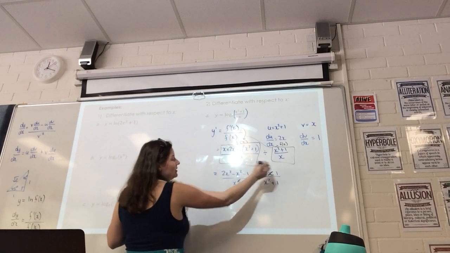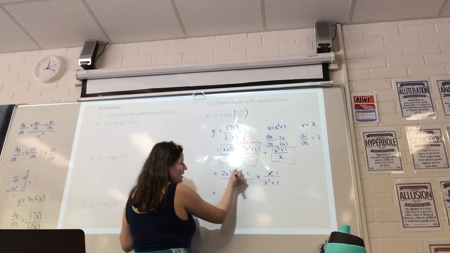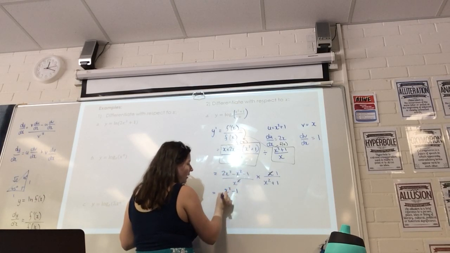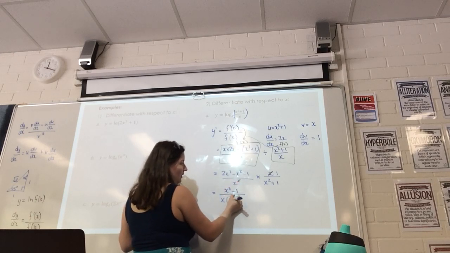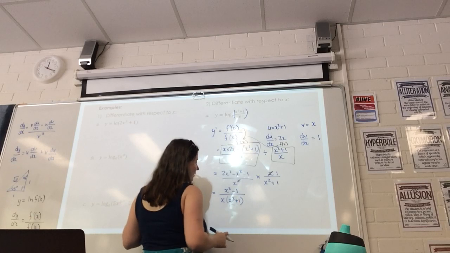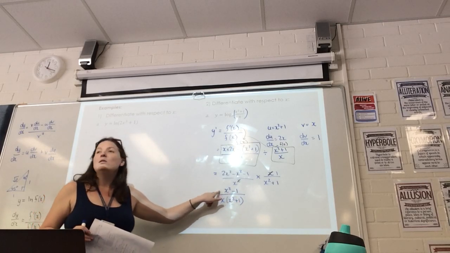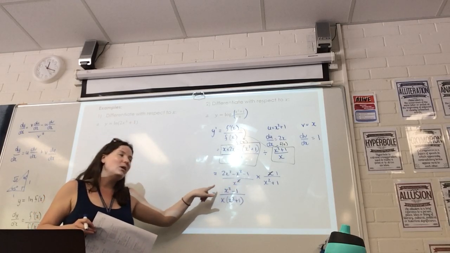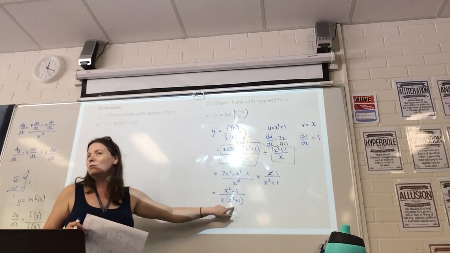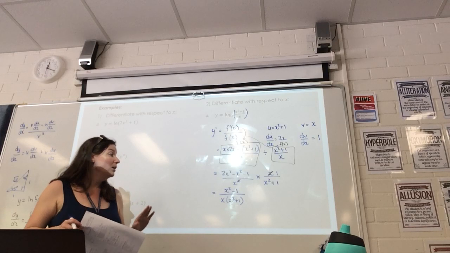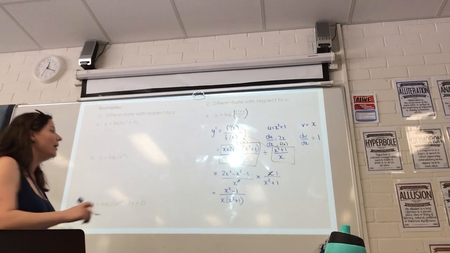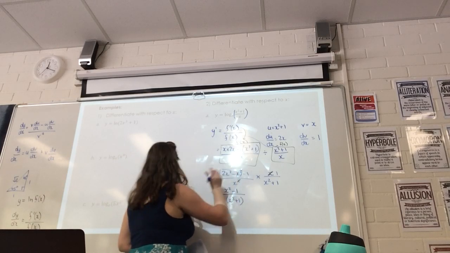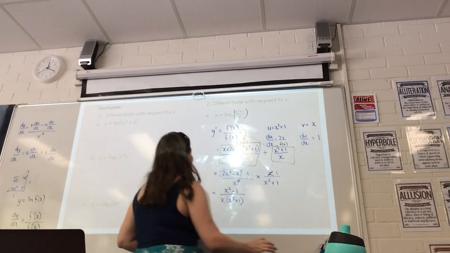So this times 1 is just x squared minus 1 over x squared plus 1. Yes, this could factorize to x minus 1, x plus 1, but here we're not factorizing. It's not x plus 1, x plus 1 or anything like that. So that's it. I simplified that bit.